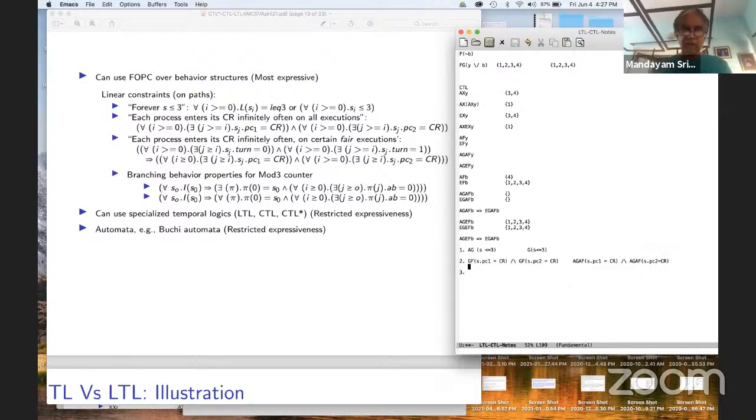So I'll ask Paramala again. Is this the same as above?